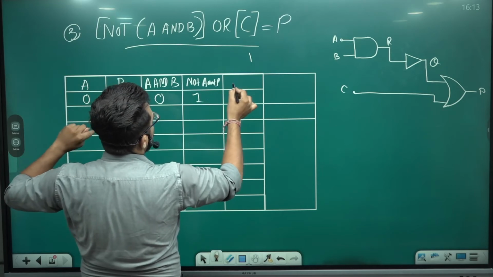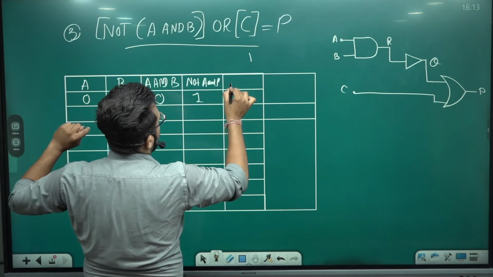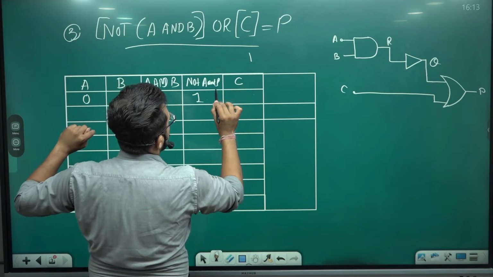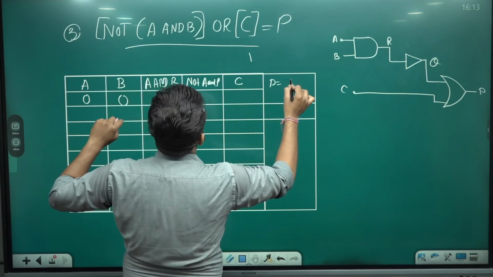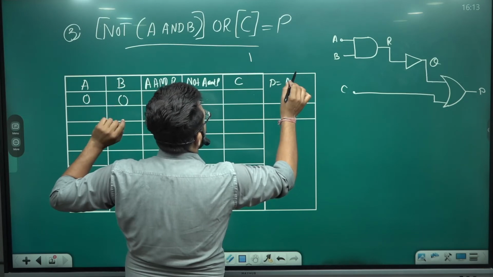A and B, which is 1, and C, this or this. P is equal to the whole statement.